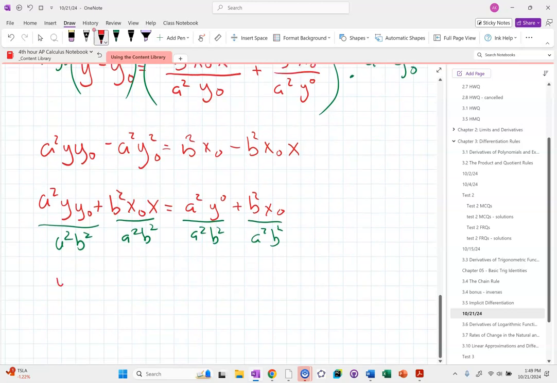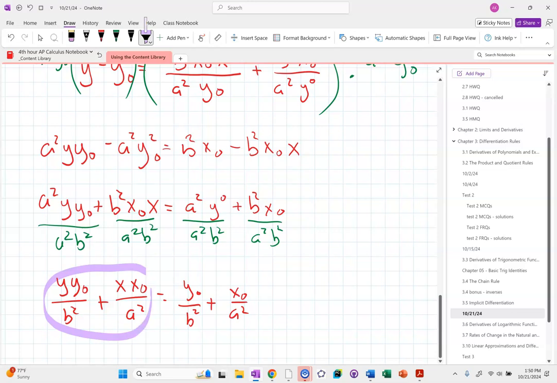In doing that, I'm going to have y naught over b squared plus x naught over a squared equals y naught over b squared plus x naught over a squared.